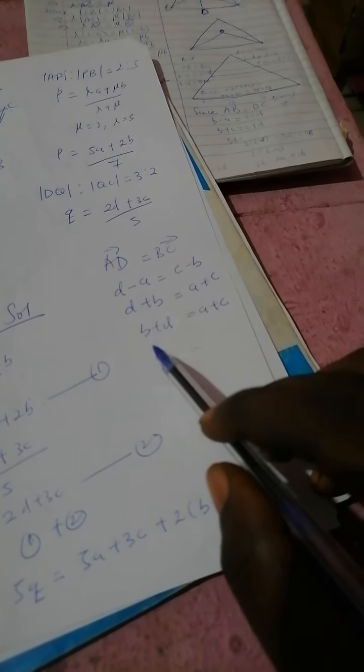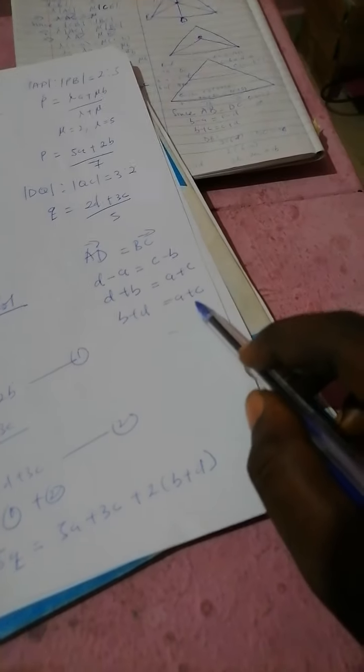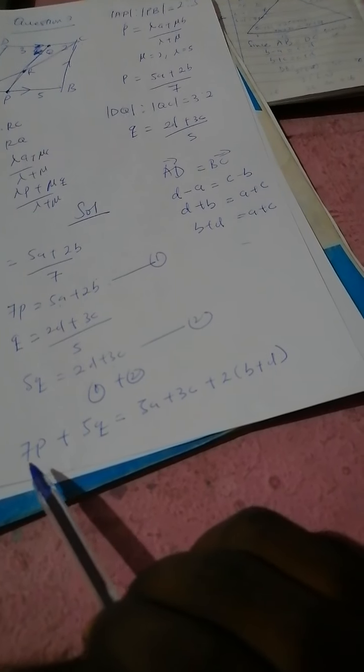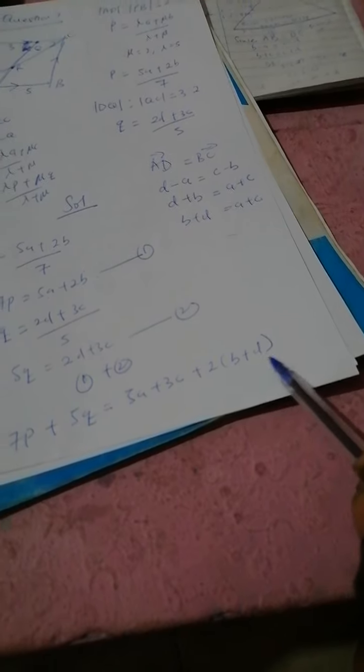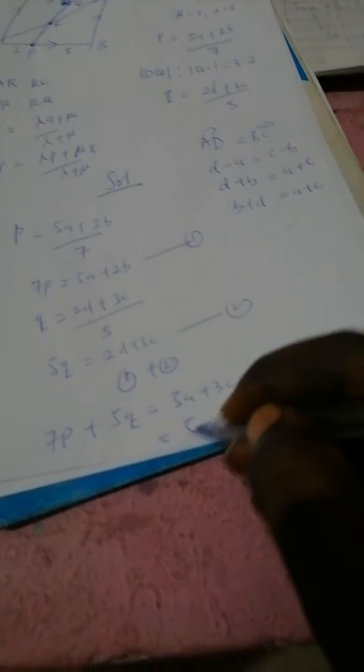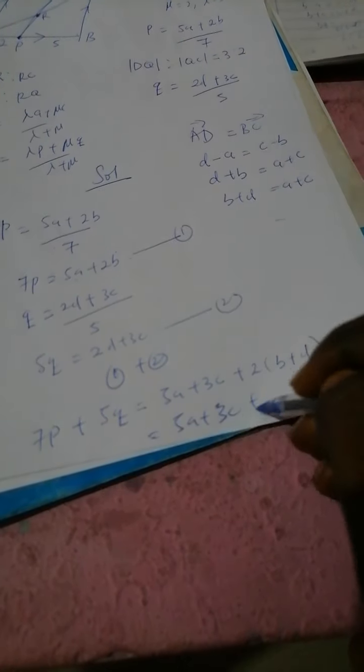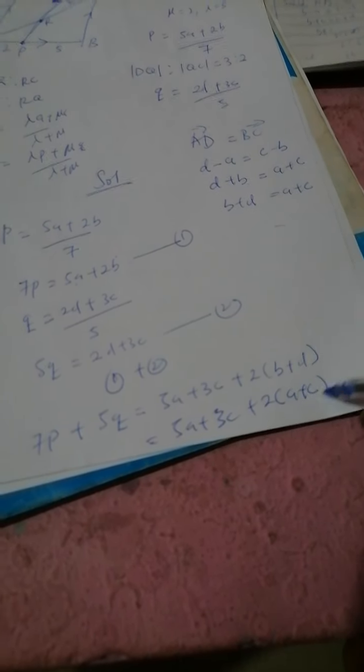So whenever you see B plus D, we can substitute with A plus C. What do we have here? We have 7P plus 5Q equal 5A plus 3C plus 2 into bracket B plus D. So we can substitute with A plus C. So we have 5A plus 3C plus 2 into bracket A plus C. So it means that we have 7P plus 5Q equal 5A plus 3C plus 2A plus 2C, right?